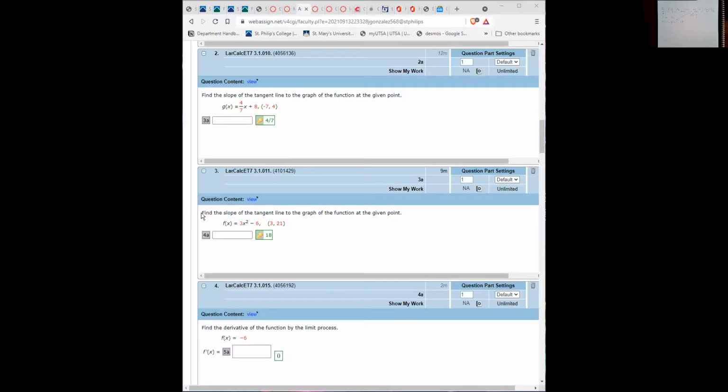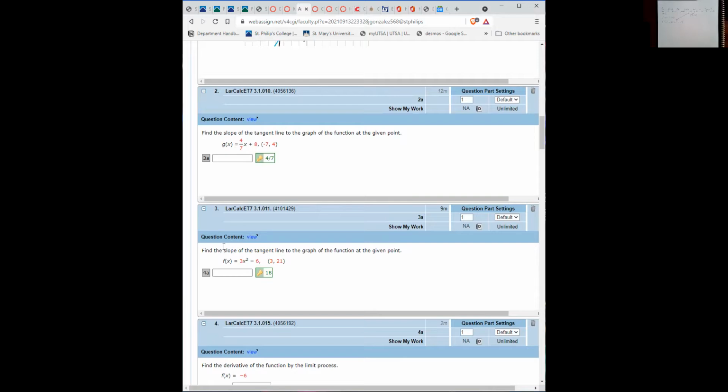And then this is the question we're working on. They're just going to ask you to find the slope of the tangent line at a given point. So you find the derivative of this function, and then you plug in the 3. And that's how I like you to approach it. Numbers 2, 3, and 4 are the same. It's just they're different functions. This one was the harder one.